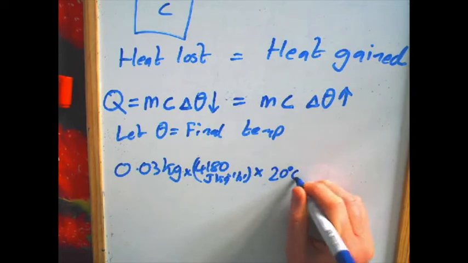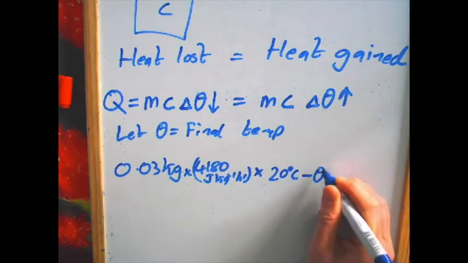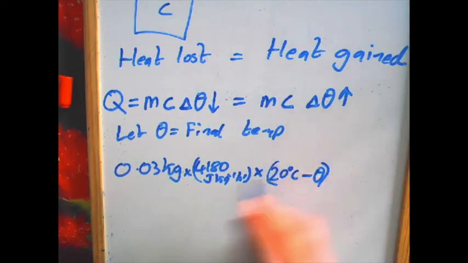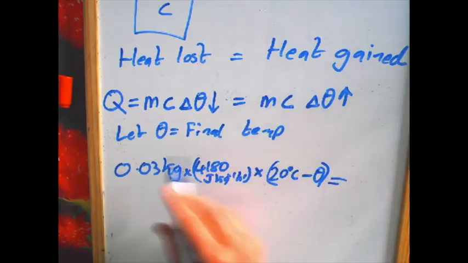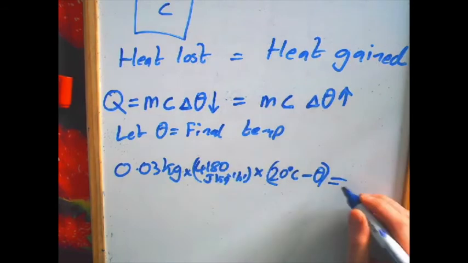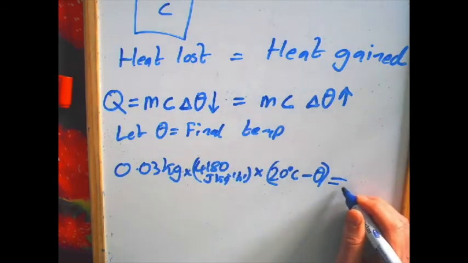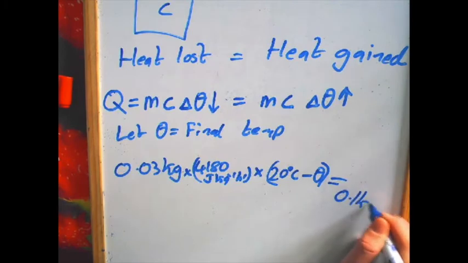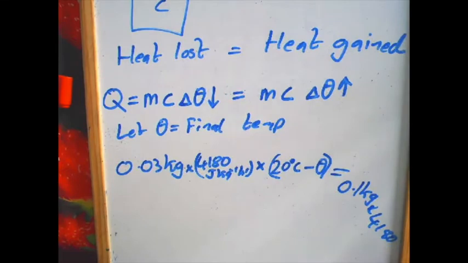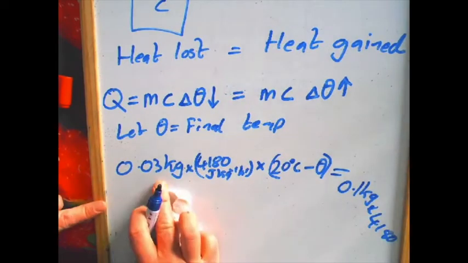Now, we don't know what the temperature difference is, but if you remember, if you lose heat, the temperature difference is the starting temperature, which for this hot water is 20 degrees Celsius, minus the final temperature. Okay, that's this side, that's the heat lost. And that's going to be equal to the heat gained by the cold water.